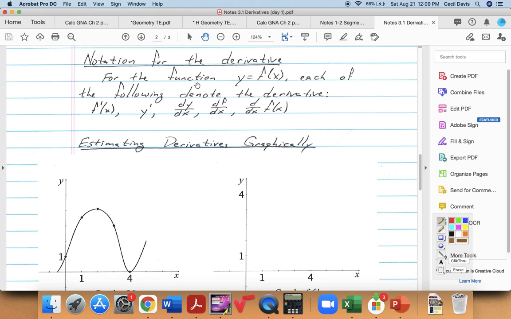So for the function y equals f of x, each of the following denote the derivative. F prime of x, that's Newton's way of writing it, by the way, with just the little prime symbol. Or, more simply, since f of x is equal to y, we could also write y prime. Leibniz preferred to write it this way, dy over dx.